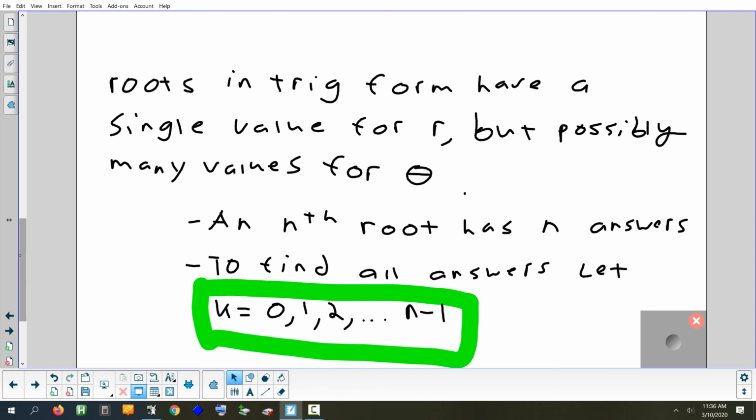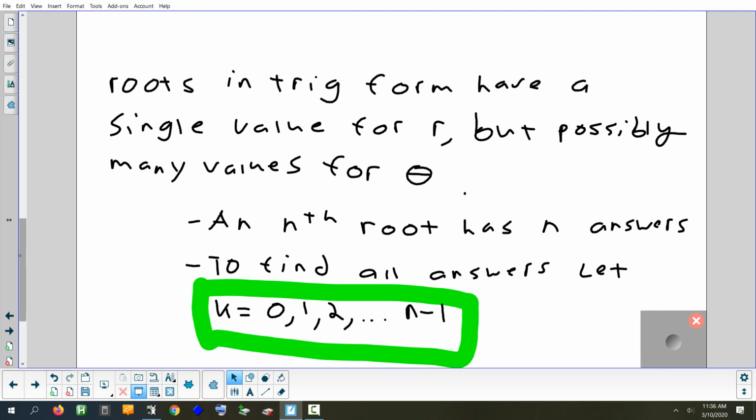If you were doing a problem that was a cube root, to get the 3 answers, the numbers you would plug in for k are 0, 1, 2. That's how you get the 3 answers. If you were doing a problem about a 4th root, there are 4 answers. The way you get them is you plug in 4 numbers for k: 0, 1, 2, 3.